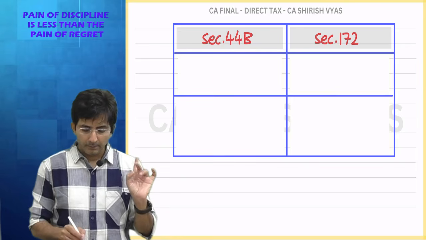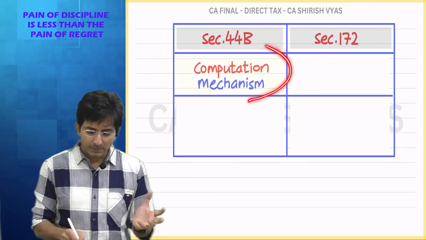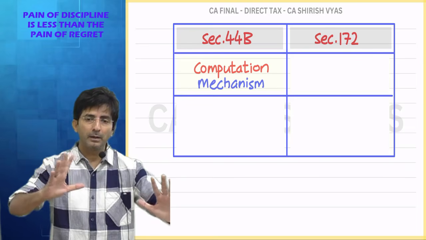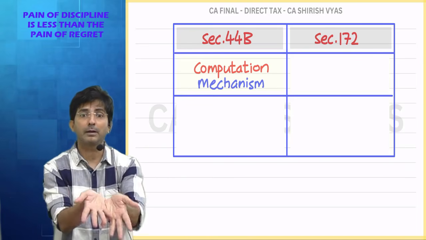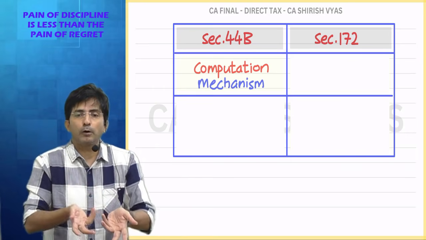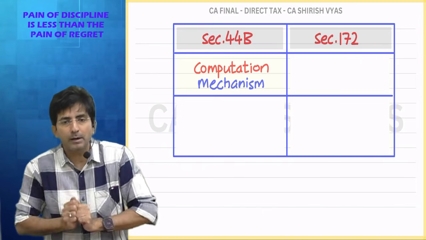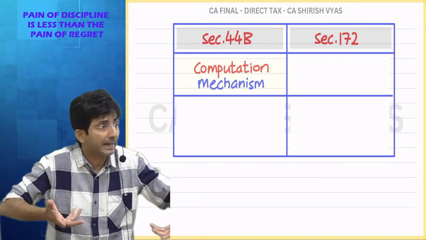Read here. Can you tell me what is the main difference? 44B has just explained the computation mechanism. That for shipping people, the method of computation will be 7.5 method. Now that method you follow at the time of voyage return also, at the time of main return also. It provides the method, 7.5% mechanism.